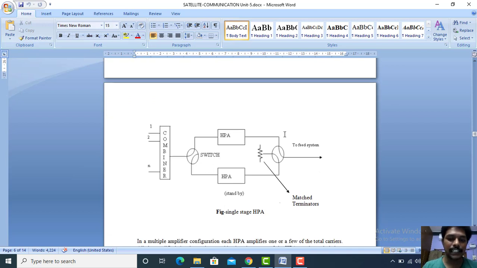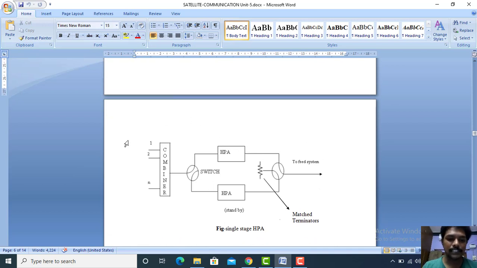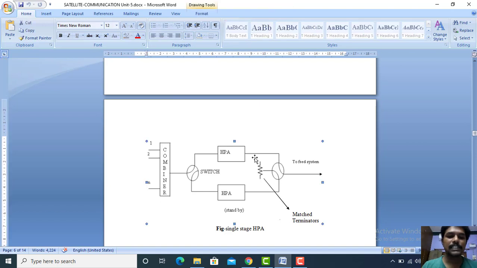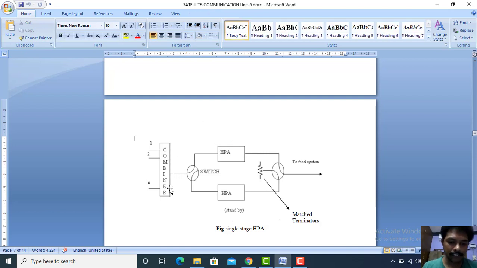You can see clearly here that this is your single stage power amplifier. The single stage is where n number of signals are transmitting. You can see you have a combiner with a switch operation and high power amplifiers, which feed the signal to the other side of the system.